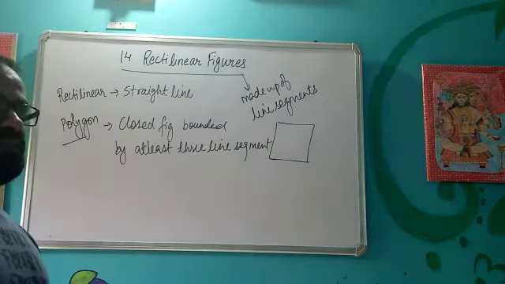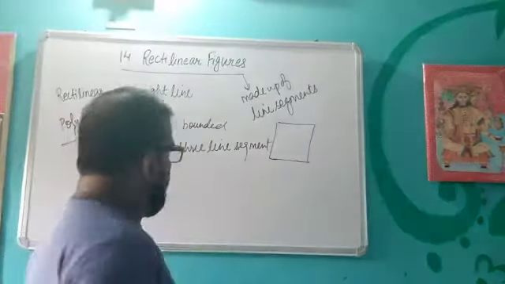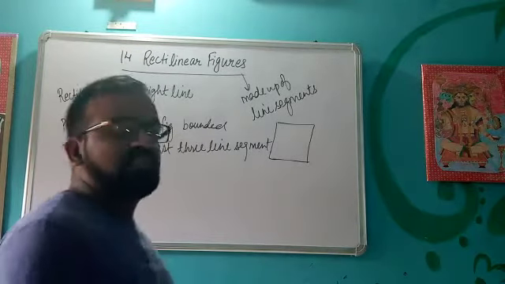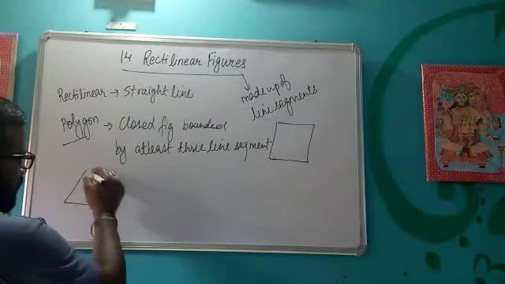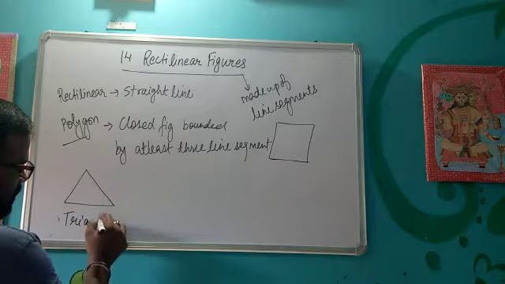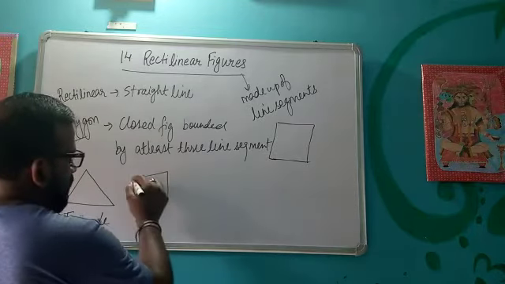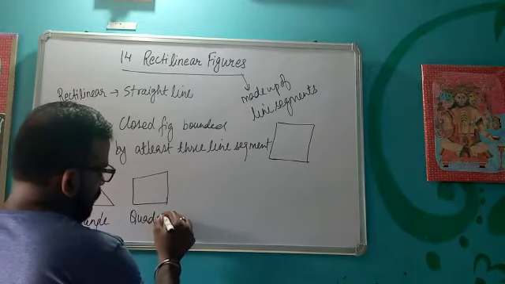So rectilinear figures are plane figures bounded by straight lines, and a polygon is a closed figure bounded by at least 3 line segments. For example, a triangle is a polygon having 3 sides. Then we have a quadrilateral, which you already knew.